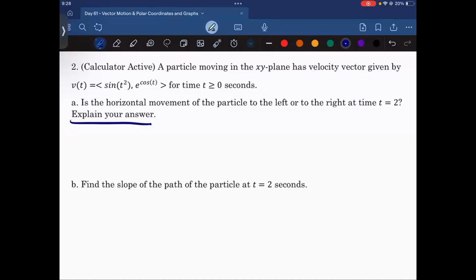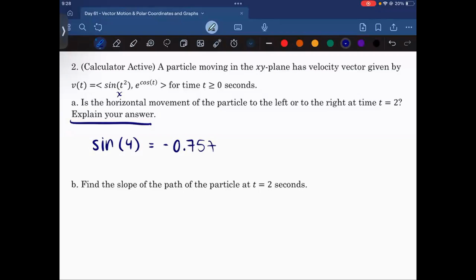So what we're going to do is look for a horizontal movement, and we know that's the x value. So I'm going to do the quote unquote x value, sine of t squared at t equals 2, and that will equal negative 0.757.